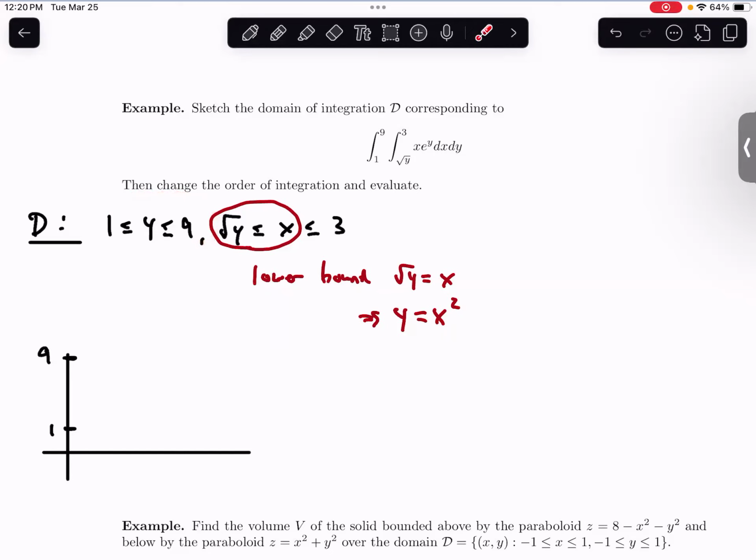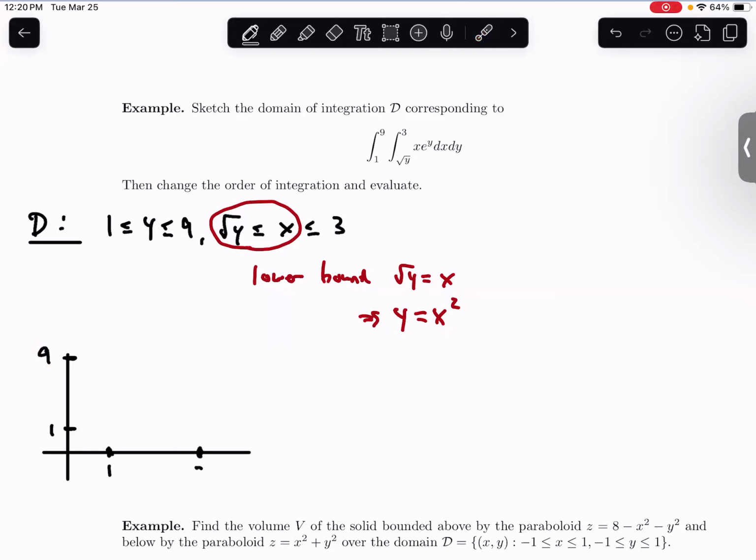And then we also know that y is equal to x squared is involved. You need to think about what value of x we need to plug in to make sure that y ends up being equal to 1. That's x equal to 1. And then x squared is equal to 9 when x is equal to 3.